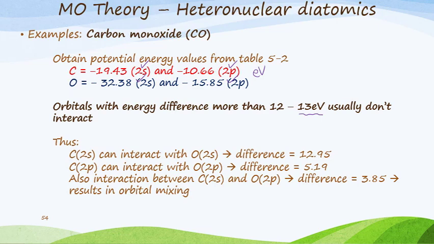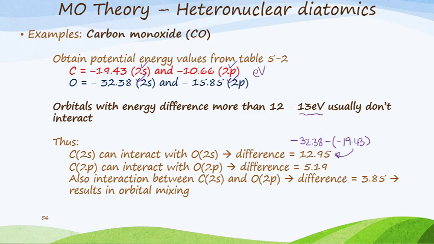Now, how do we determine how the interactions take place? We need to see whether the 2s orbital for carbon is going to interact with the 2s orbital from the oxygen. We need to calculate the difference. So we take minus 32.38 minus the minus 19.43, and you're going to find that the answer is 12.95.